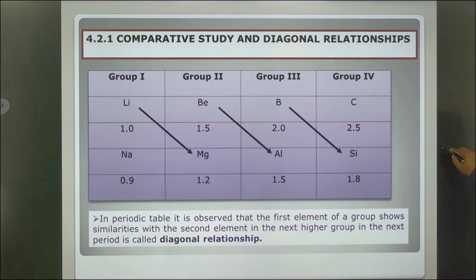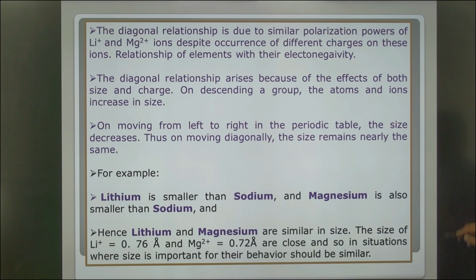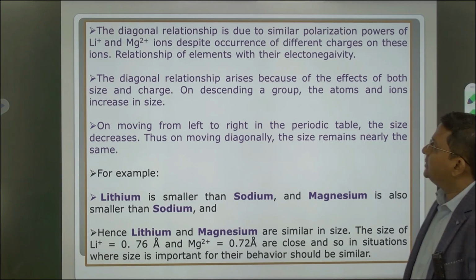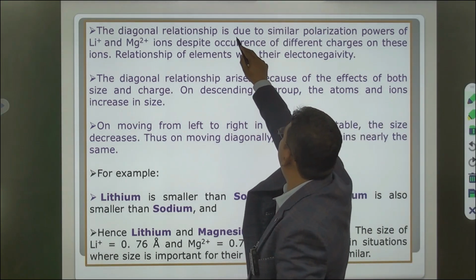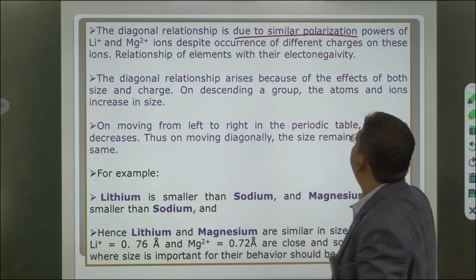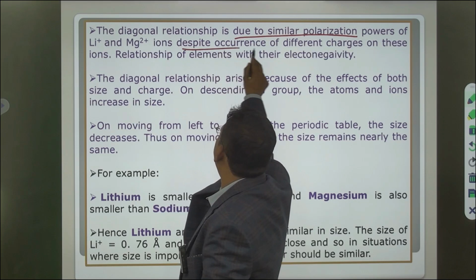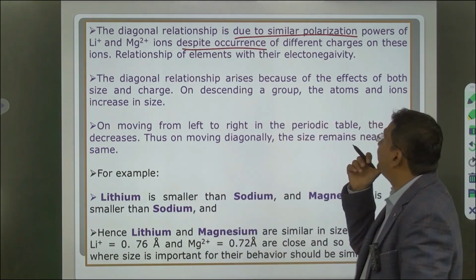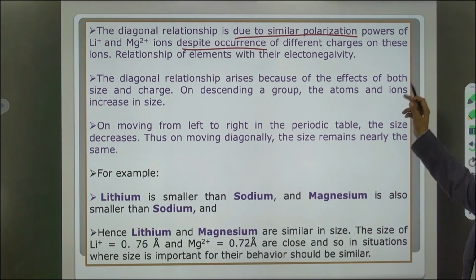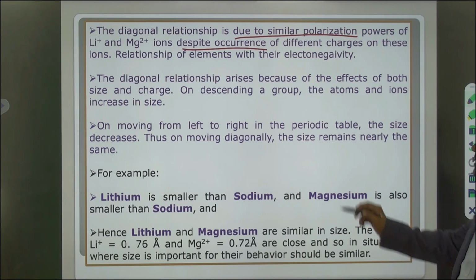and properties are also similar. The diagonal relationship is due to the similar polarizing powers of lithium and magnesium ions despite the different charges on these ions, relating the elements with their electronegativity.